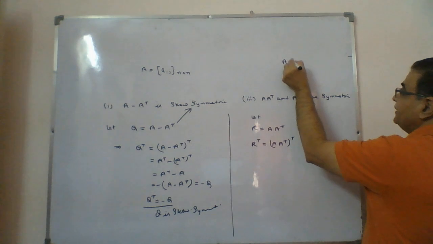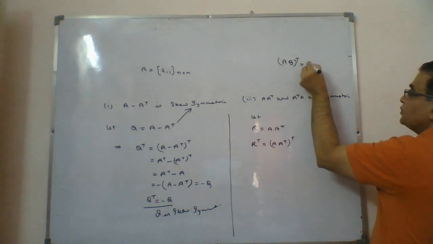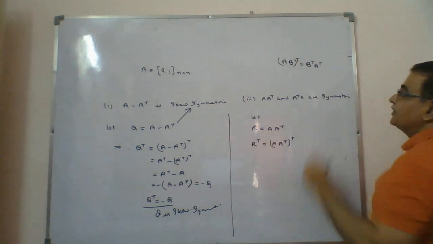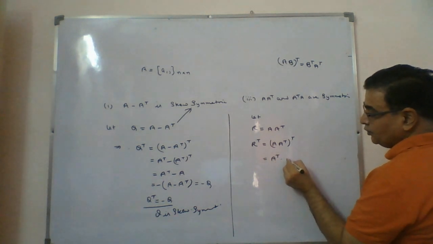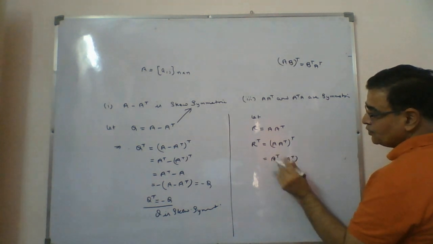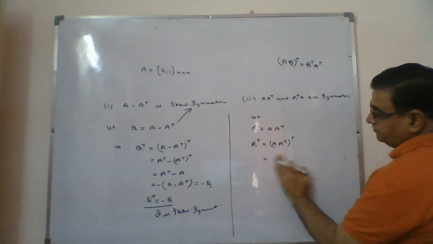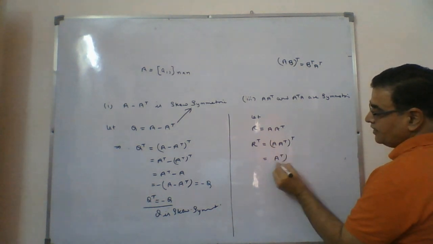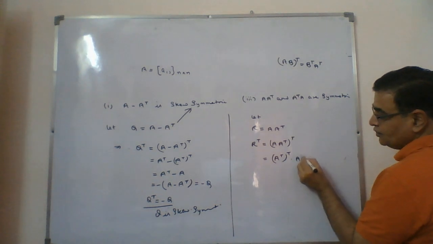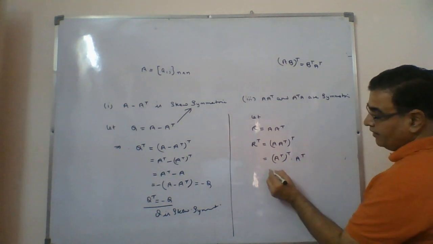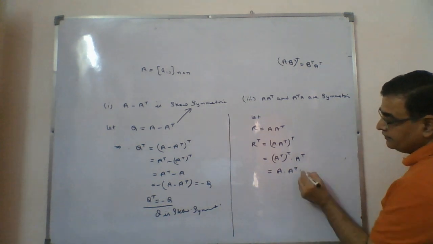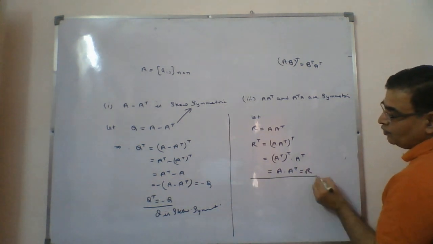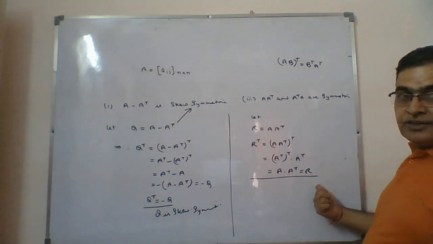We have already done this property, A B transpose is B transpose into A transpose. So that means this has come out to be A transpose whole transpose into A transpose, and when you solve it, it will be A into A transpose. Is it your R? Yes. So R is a symmetric matrix.